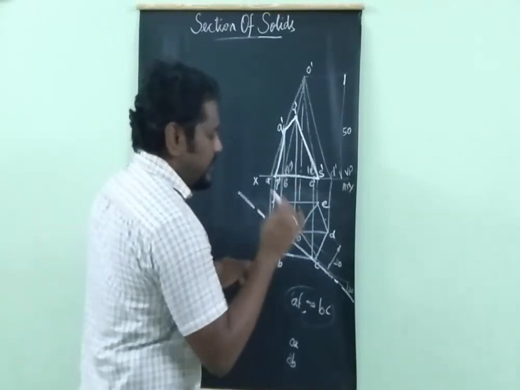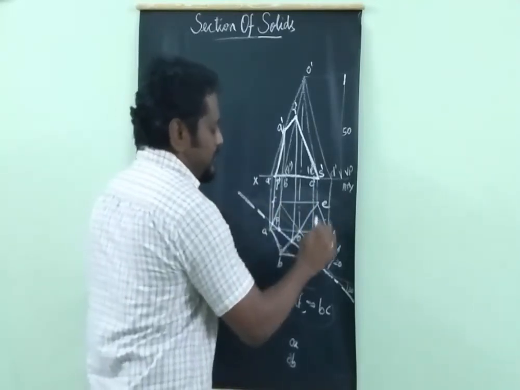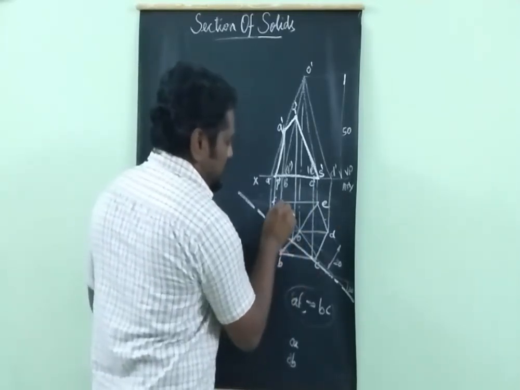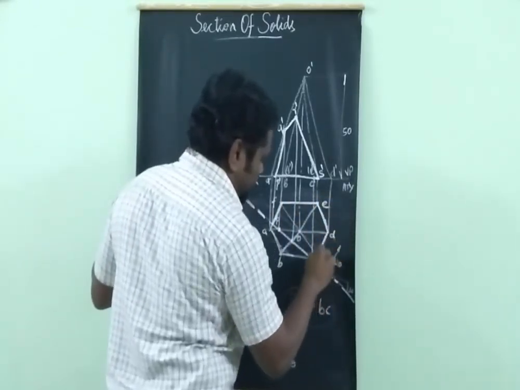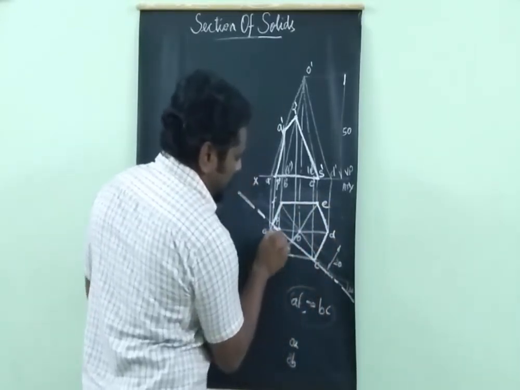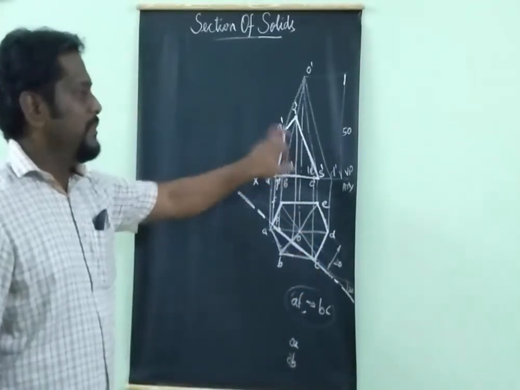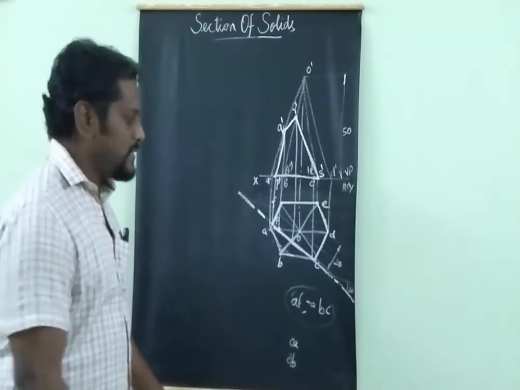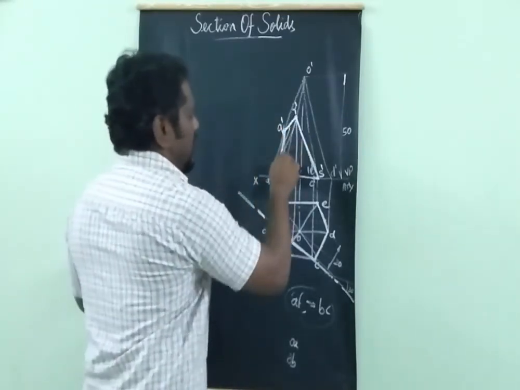To draw the top sectional view, this portion will get removed and this portion remains. You just thick all the outer edges and the cutting plane. This is your remaining portion. This is your top sectional view. This is your front sectional view. As I already mentioned, opposite to the cutting plane, draw the hatching.